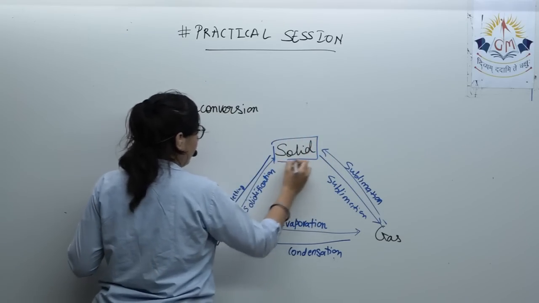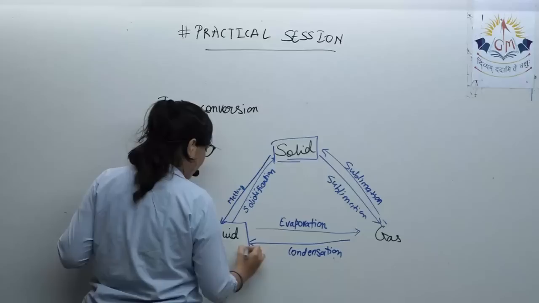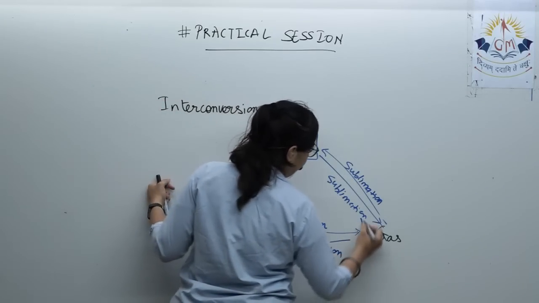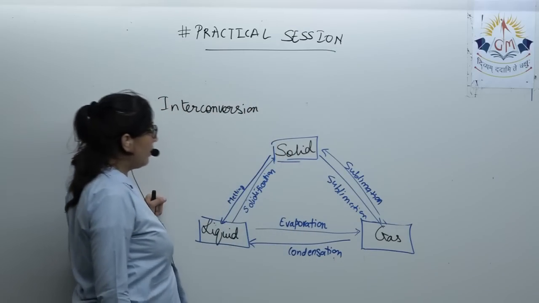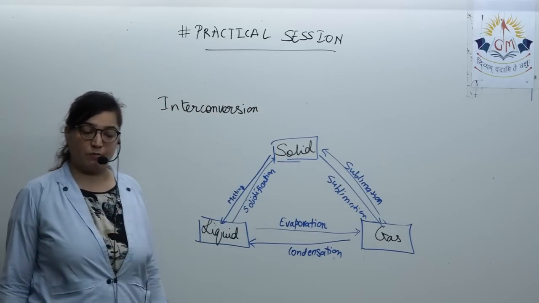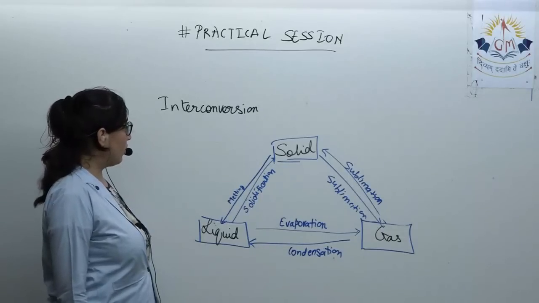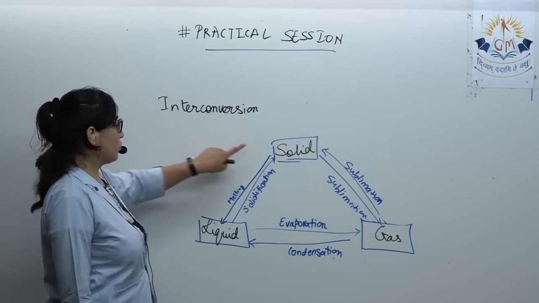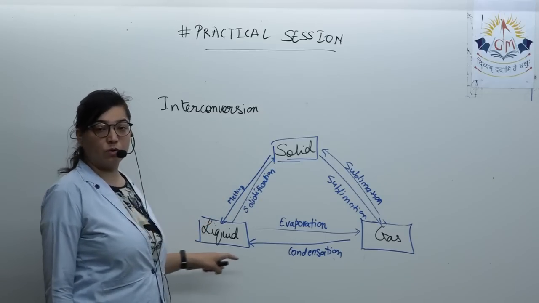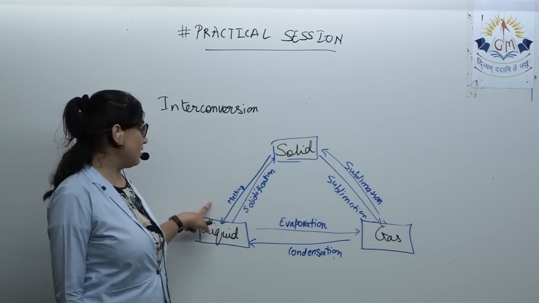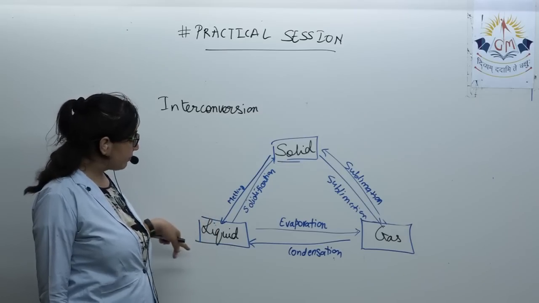Solid gets converted into liquid. Liquid gets converted into gas. And yes, interconversion between these three states of matter is possible. Whenever any solid substance gets converted into liquid, the process is called melting.